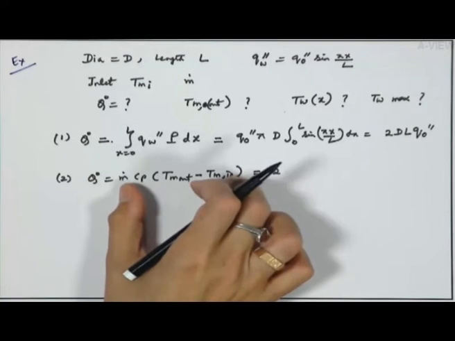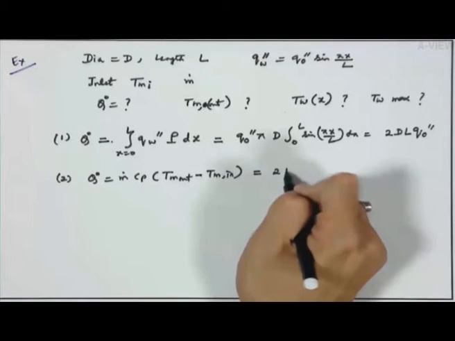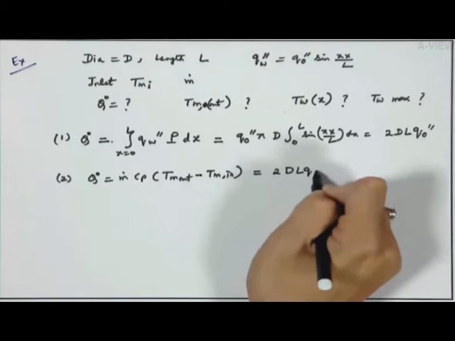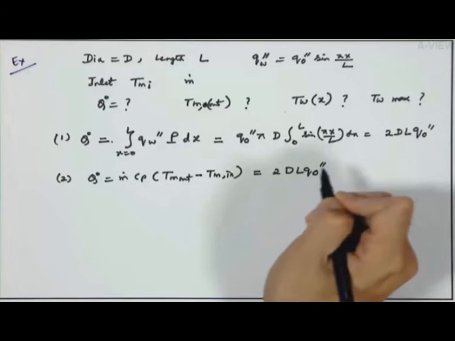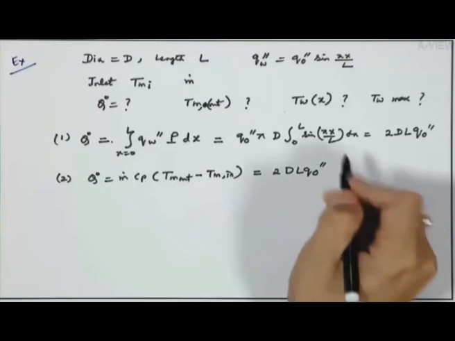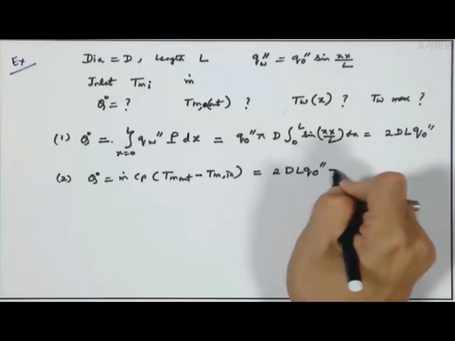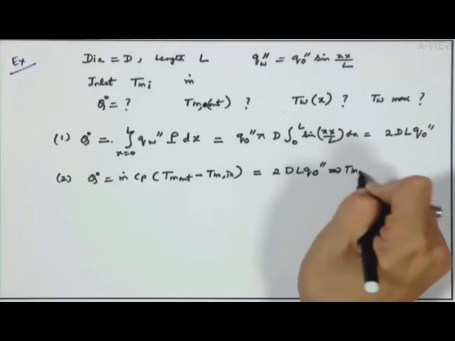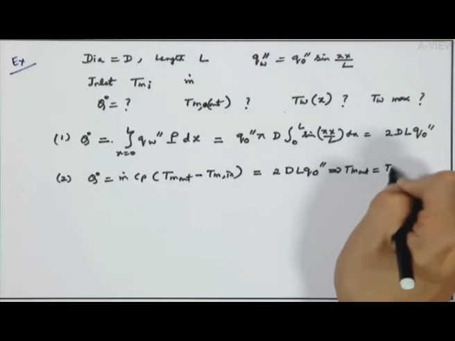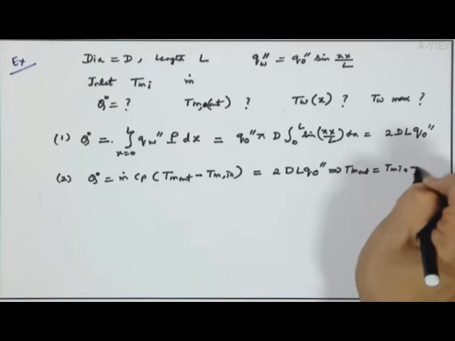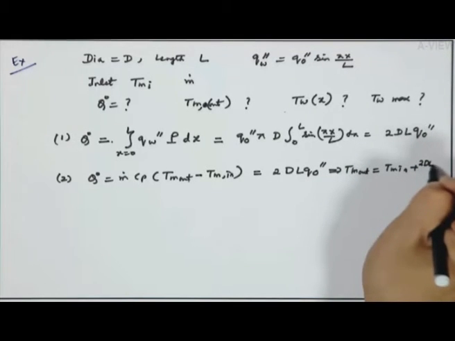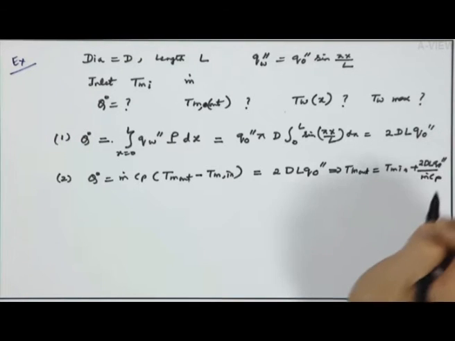This is supplied by the heat transfer at the wall. So, 2 dL q0 is the total rate of heat transfer. So, then this means Tm out is equal to Tm in plus 2 dL q0 by m dot Cp.